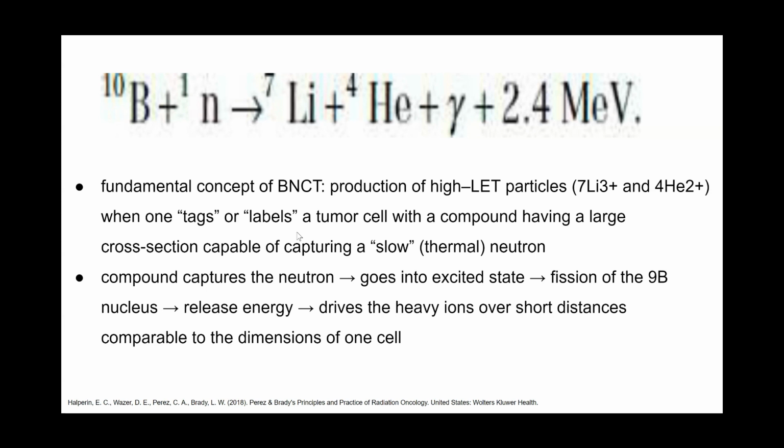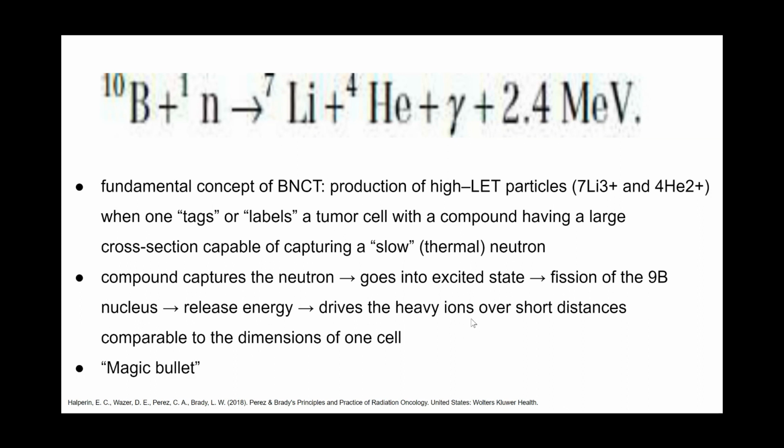So we basically want to target or label the tumor cell with a boron-containing compound. Then we want to irradiate it with slow thermal neutrons. The compound will capture the neutron and go into an excited state. There will be fission, with release of energy, and these heavy ions would travel only a very short distance, into the cell. And they can then cause DNA damage.